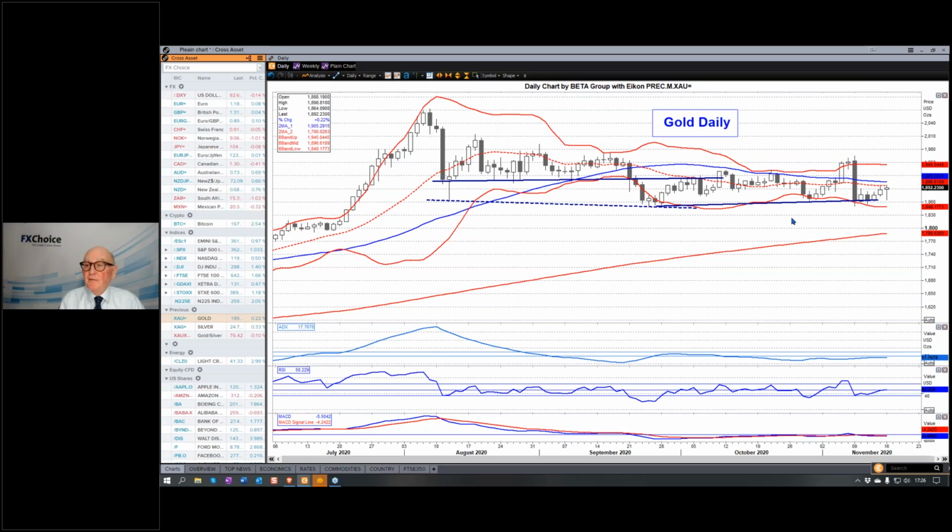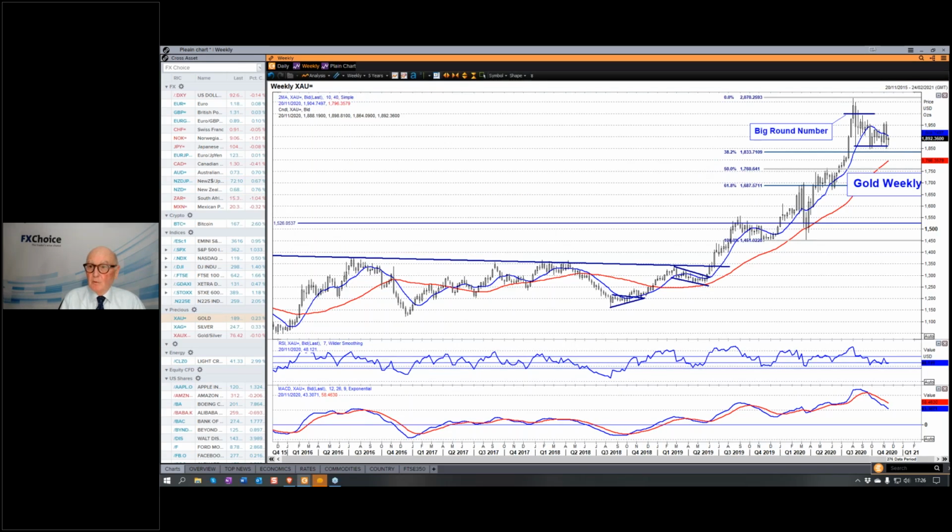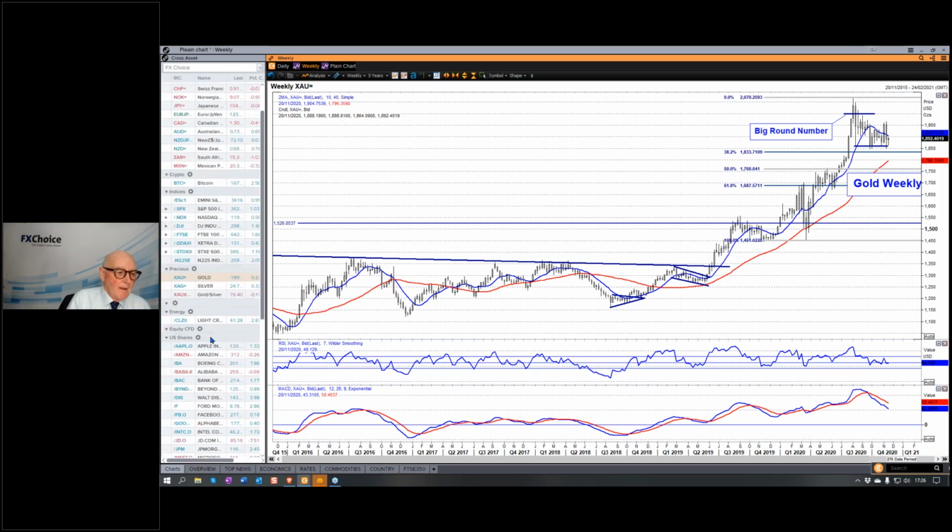So watch the $1850 level there. You can see how important that will be. It could possibly suffer an unpleasant tumble back down to the 50% level here at 1760. There isn't a lot to stop that happening. So watch out, gold is surprisingly under threat.